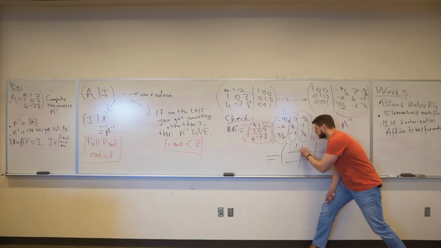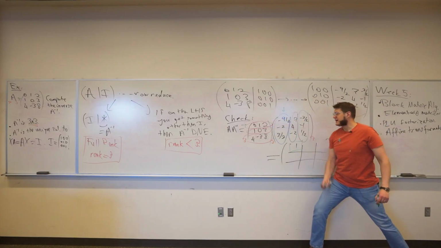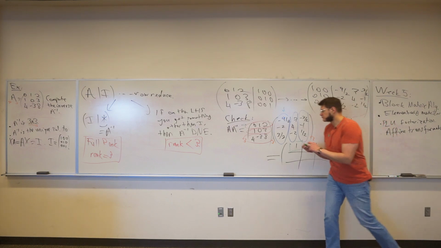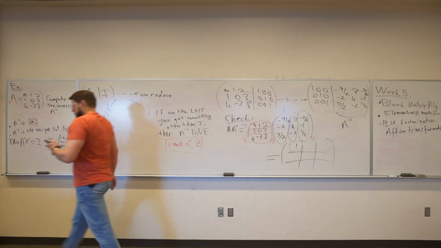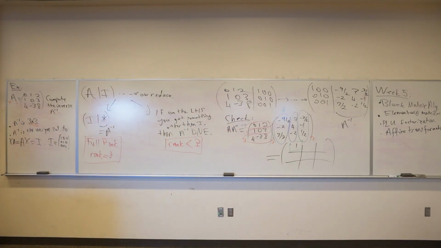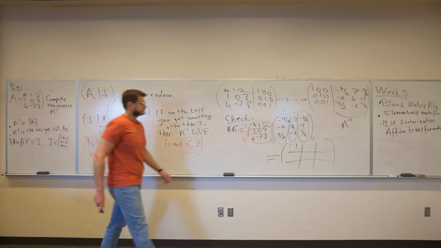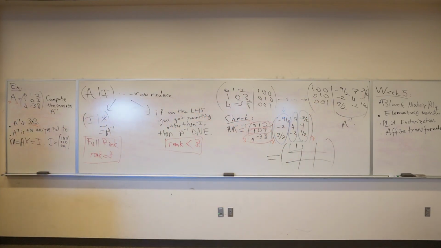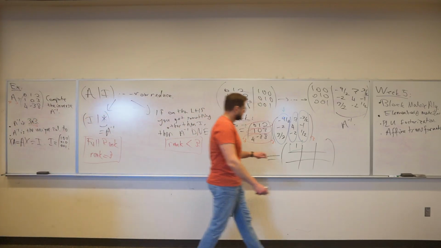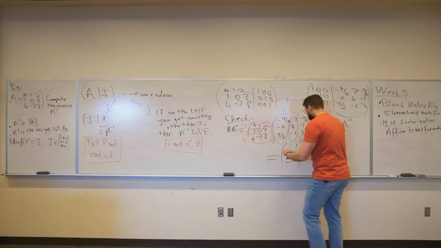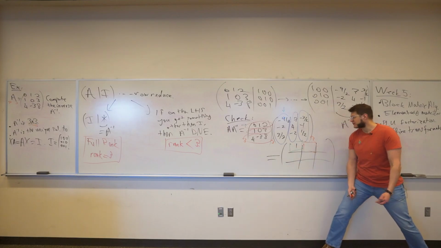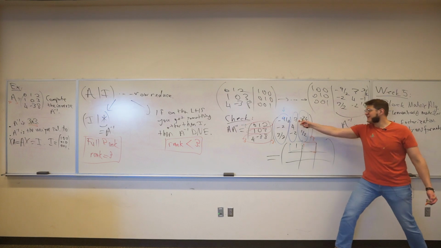To compute this entry, I took the first row and I hit it against the first column. And then you keep going. To compute this entry, let's say this one perhaps, I need to again take, because it's the row 1, column 2 entry, the first row and hit it against the second column.